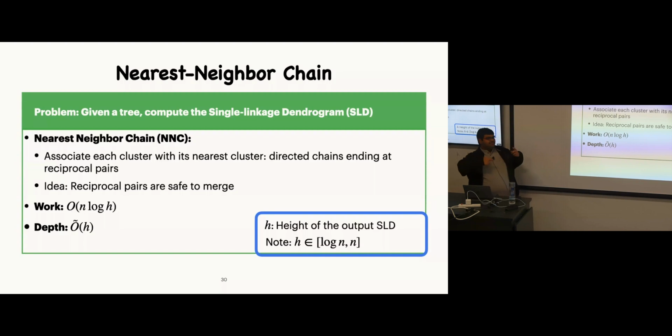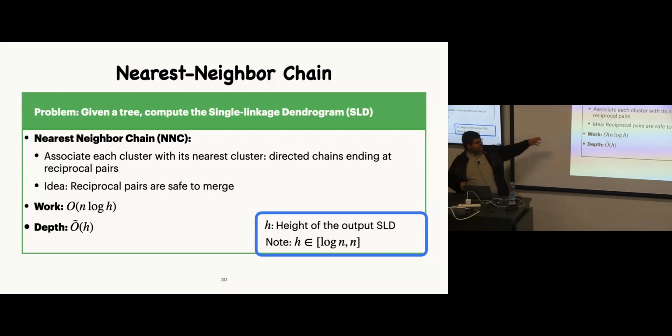Let's say associate means you're adding a directed edge, right? So this would give some sort of a DAG, except it ends at a reciprocal pair, right? So there would always be two clusters which prefer each other. The idea here is that you can always merge reciprocal pairs independently. So they are safe to merge, right?